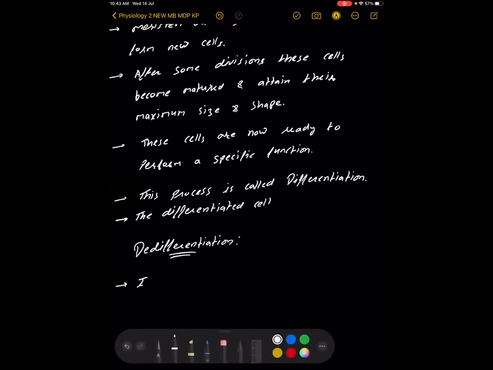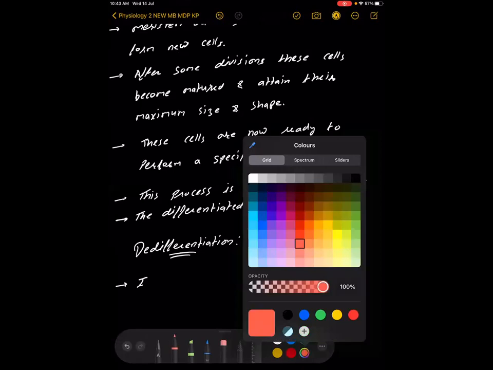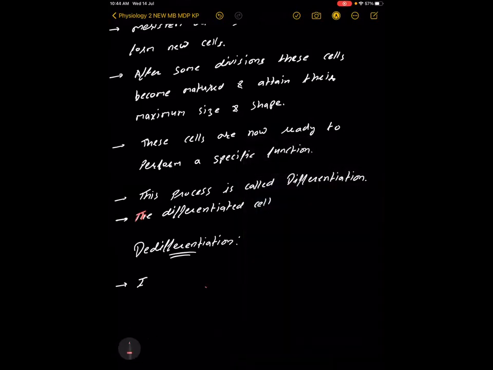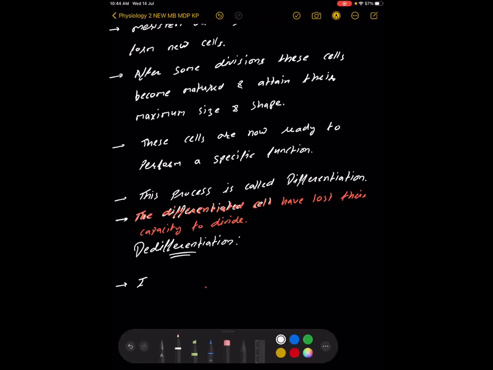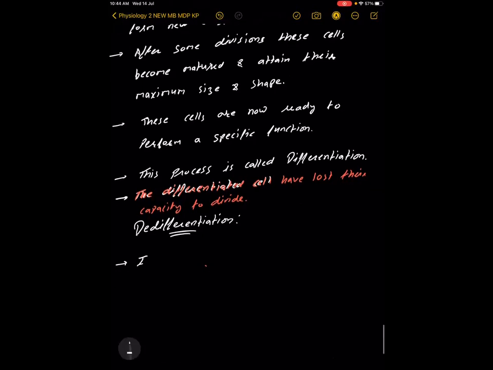I'll show in another color. The differentiated cells have lost their capacity to divide. Okay. At this point in differentiation.